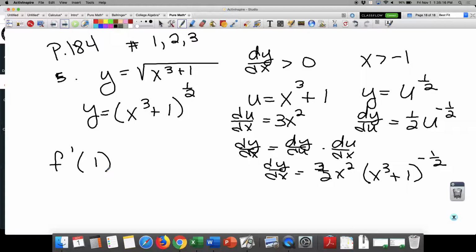Zero, because you're going to have 0 in the numerator, it's going to be 0. That's just not a good one to test. So store 1 as x and then type in the derivative.